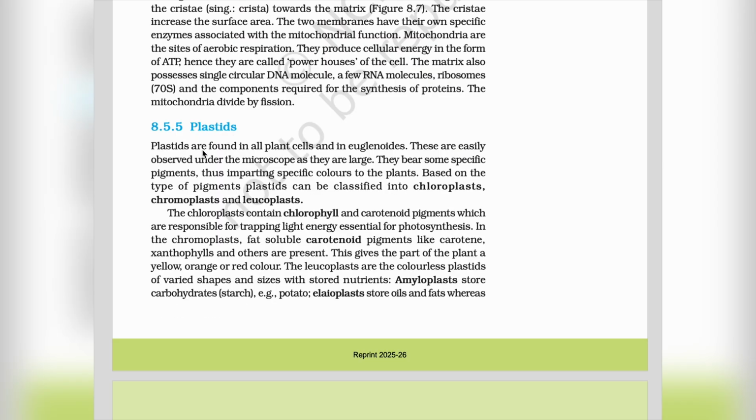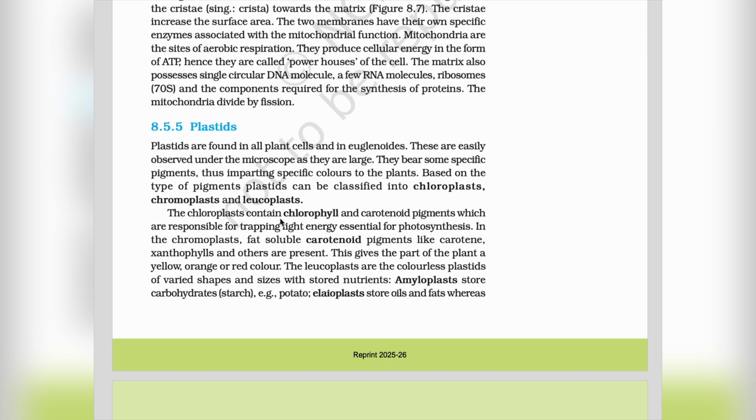Plastids. Plastids are found in all plant cells and in euglenoids. These are easily observed under the microscope as they are large. They bear some specific pigments, thus imparting specific colors to the plants. Based on the type of pigments, plastids can be classified into chloroplast, chromoplast and leucoplast.